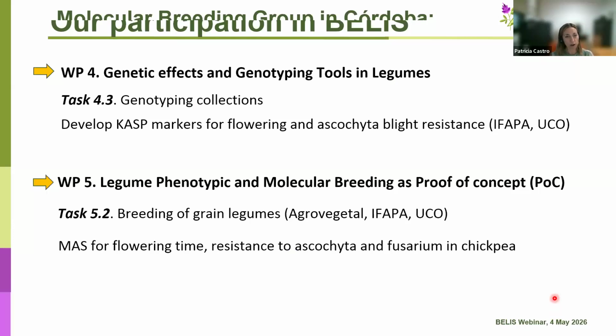And as you know, developing effective molecular markers for breeding is not straightforward. It is not something that can be fully achieved in a 4-year project. It requires many more years of work.